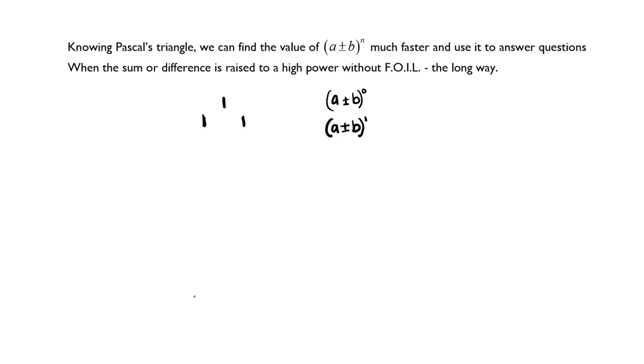Now, if I were to continue this pattern on, if it was to the 2nd power, a plus or minus b would have coefficients of 1 and 1, but the coefficient in the middle would be a 2. Notice that 1 plus 1 gives me 2.